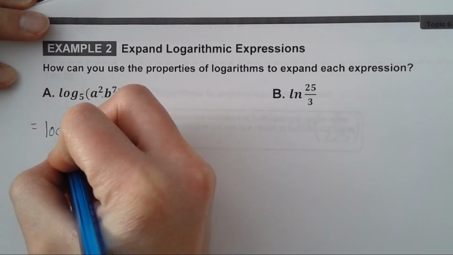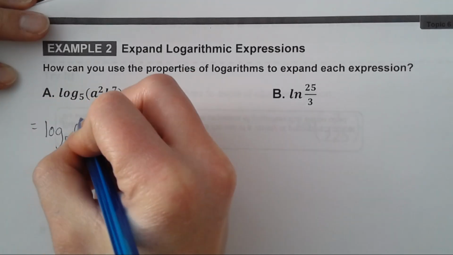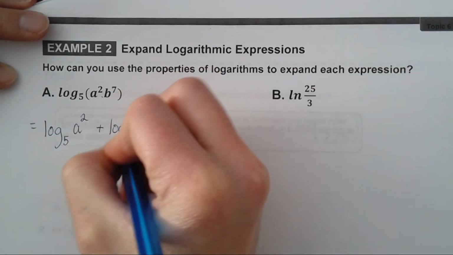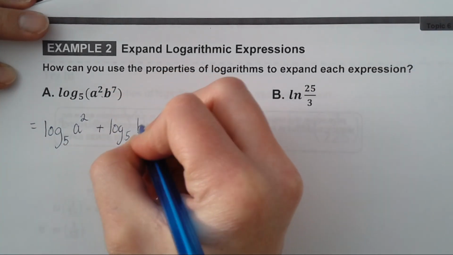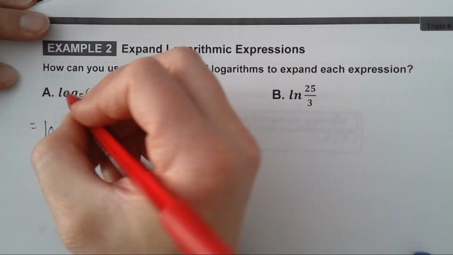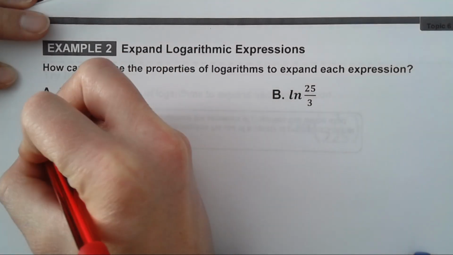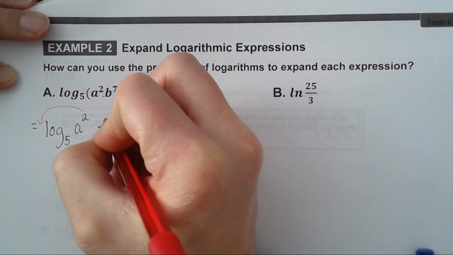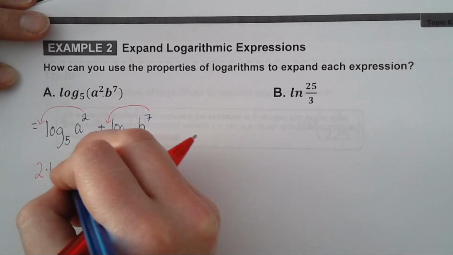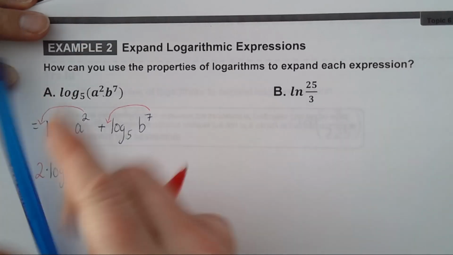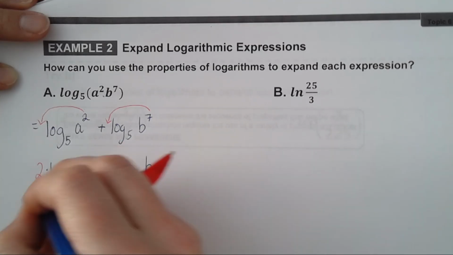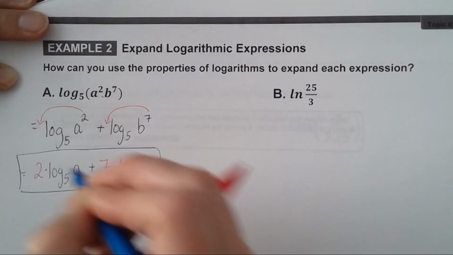So I have log base 5 of a squared, I'm going to bring that all together, plus log base 5 of b to the 7th. Okay, so we're partly done. Then I want to take care of this exponent, so I'm going to bring it out front, and so we have 2 times log base 5 of a plus 7 log base 5 of b. And there would be my answer.